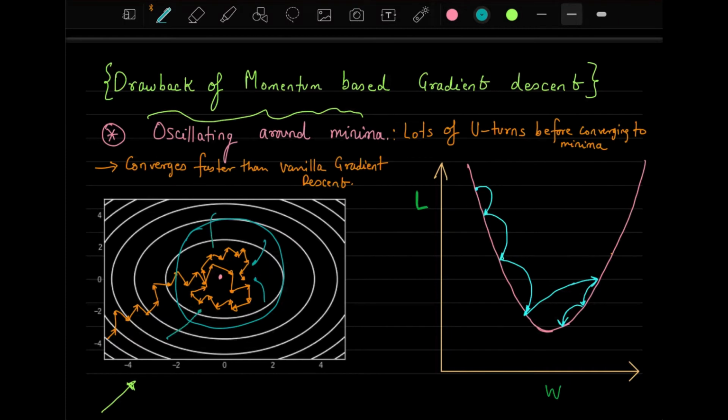It's a problem because it will not hit the minimum value, but will start oscillating around it. We have to see how we can remove this situation. But one thing to note is the convergence: it is faster than the normal gradient descent. This is the important point to be noticed. The only drawback is that when it starts reaching the minima, it starts oscillating there.